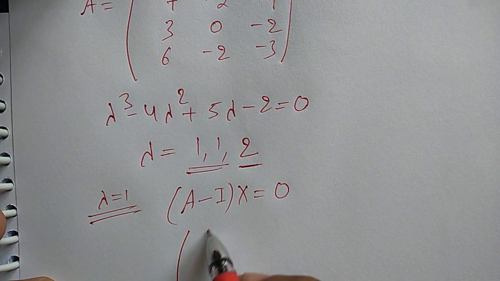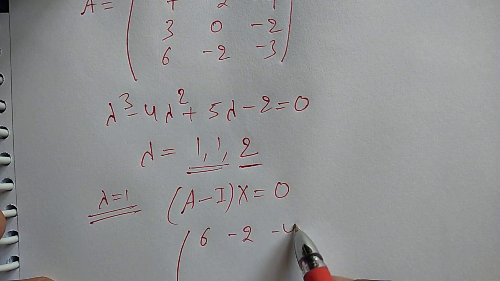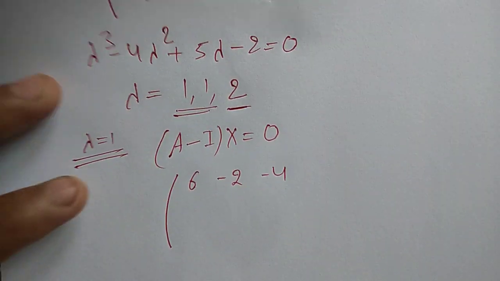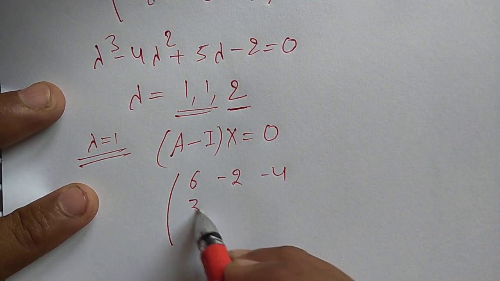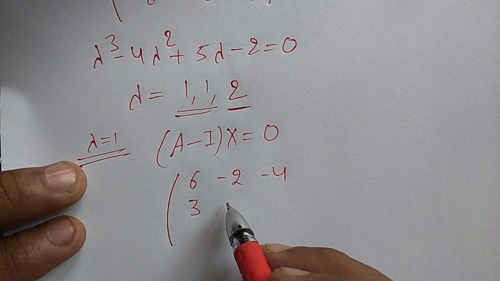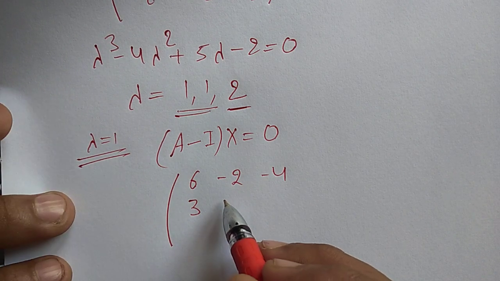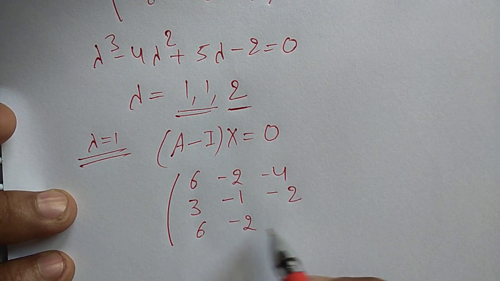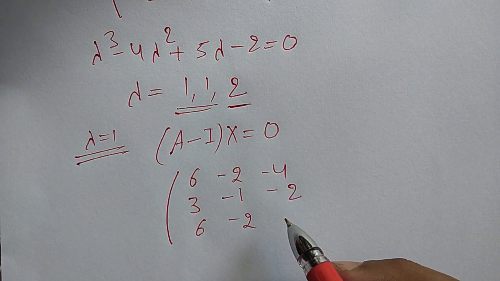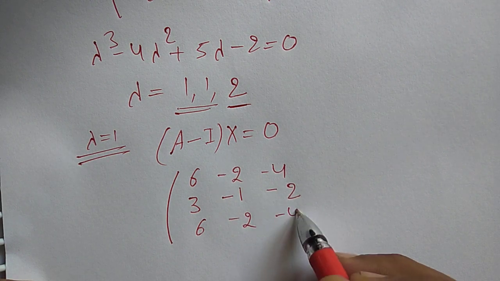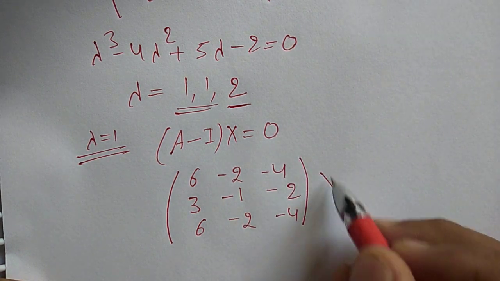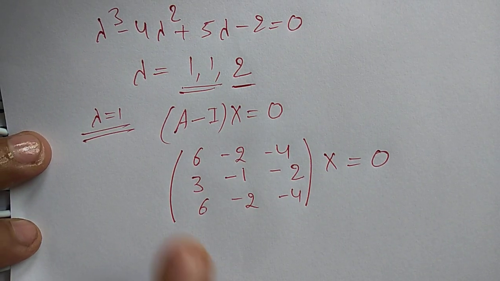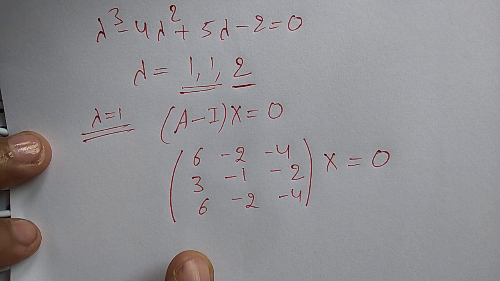So this will be 6 minus 2, -2, -4... and the next rows, times x equal to 0. If you see carefully, all three rows are equivalent.